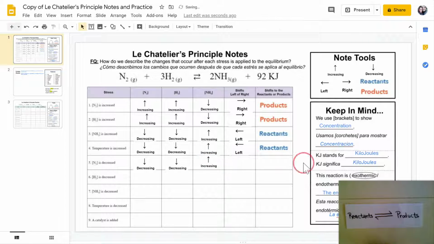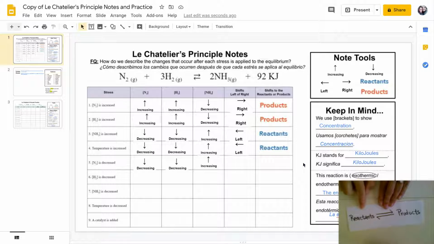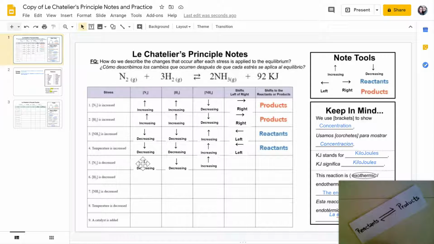So I'm going to use my little tool down here to help me see if my predictions are correct. So again, if I decrease N2, N2 is a reactant, okay? That means my little stack of N2 molecules is going down. And I see that my reactants, in fact, did decrease, just like we pointed out over here in the chart. As the reactants decreased, we see here that the products went up.